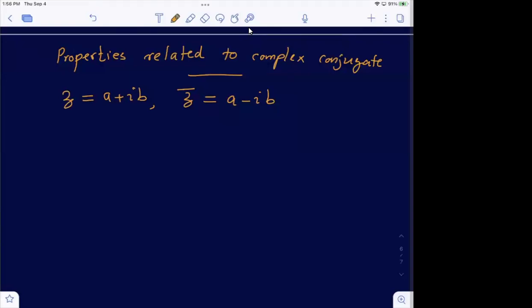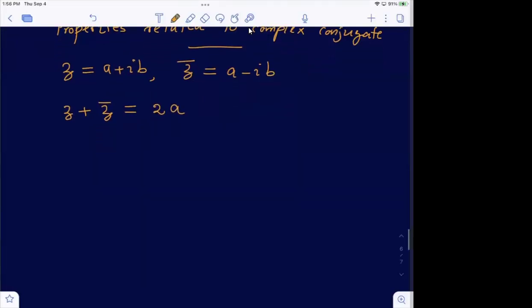Now, we have already seen a few of these properties, but for formality, let's write it. If you consider z plus z bar, if you add the number itself and its complex conjugate, if you put them together, you can see the imaginary component ib minus ib would cancel with each other, leaving just 2 times a, which is just a real number.